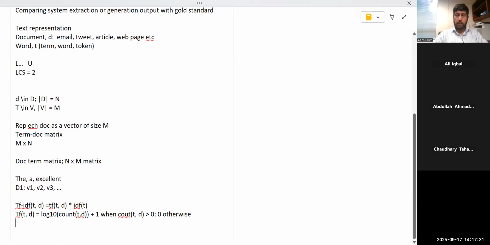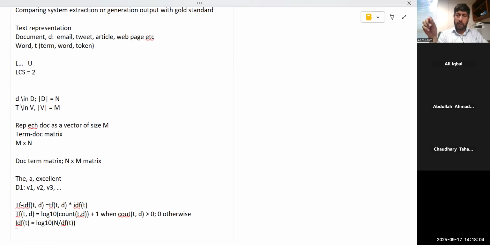Okay, so that is what we have. So this depends on only that document. So what is IDF? So IDF is defined for a term T in the whole collection. And this is basically log 10 of n, which is the total number of documents, divided by document frequency of term T. So the expression in the parenthesis n over df is the inverse document frequency.